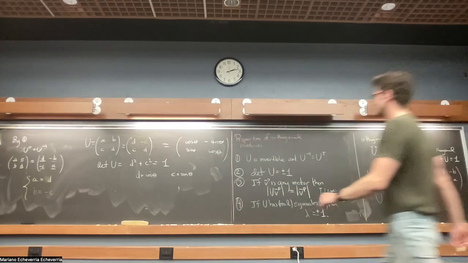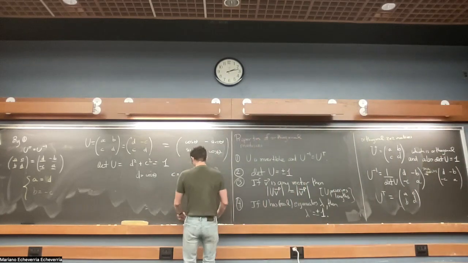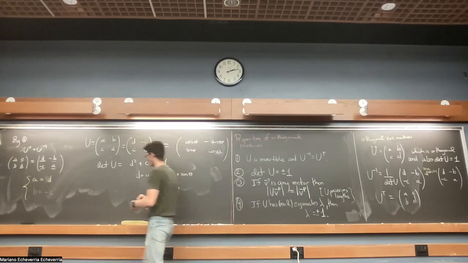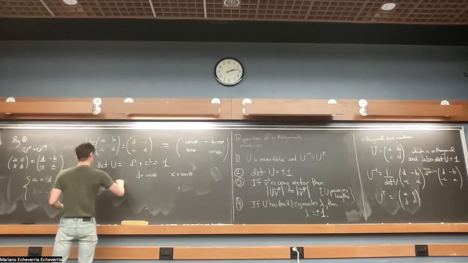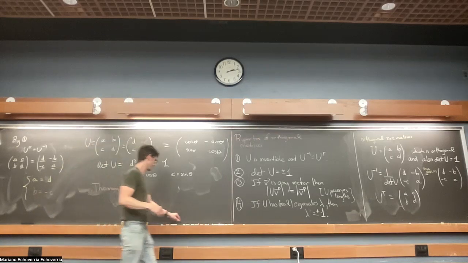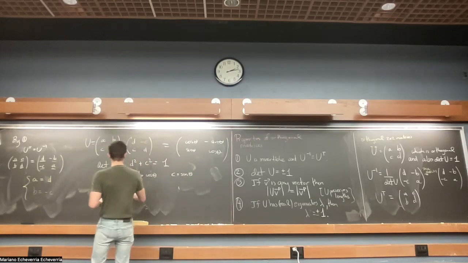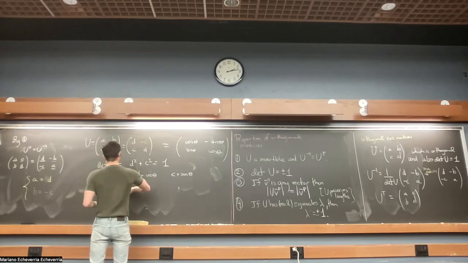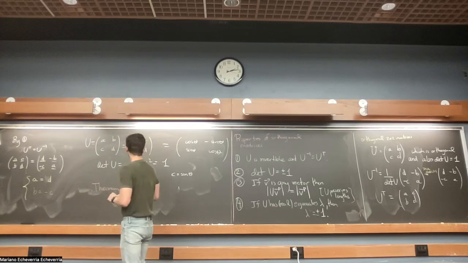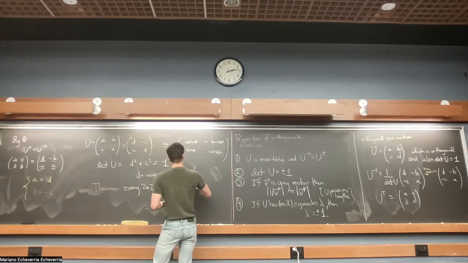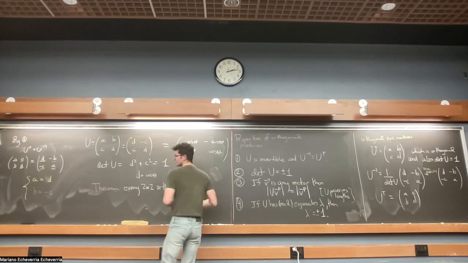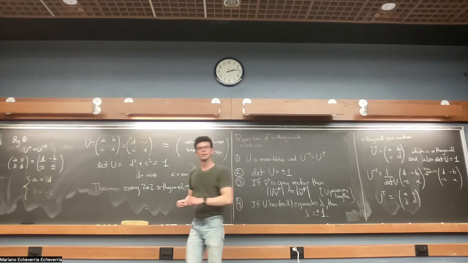Okay, so let's put that as a theorem. Every 2x2 orthogonal matrix U corresponds to some rotation matrix.